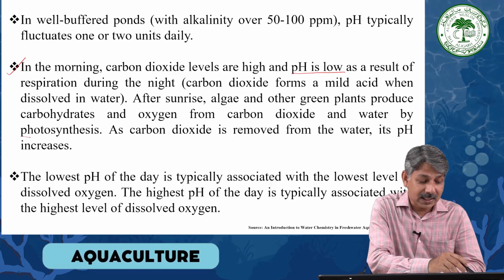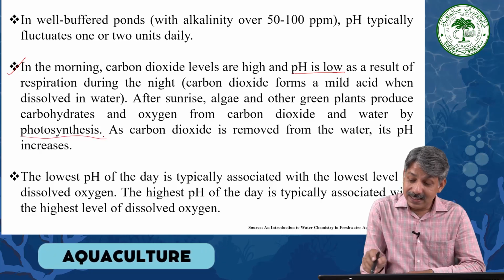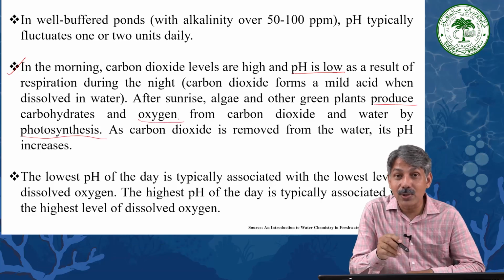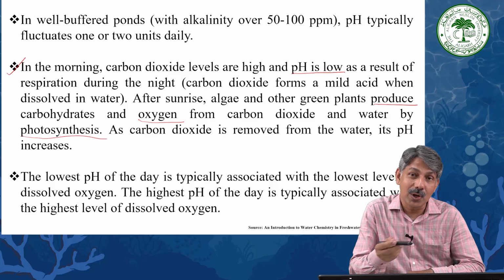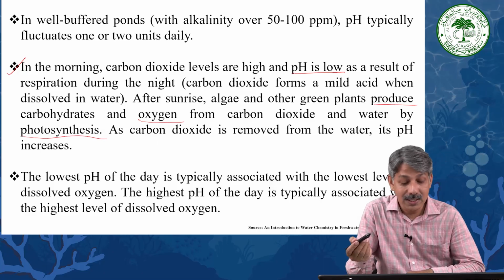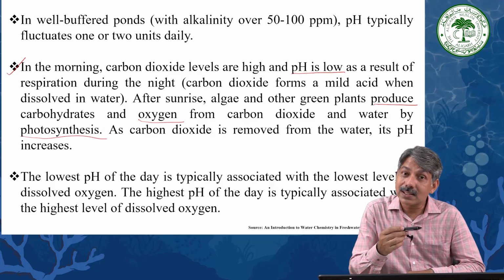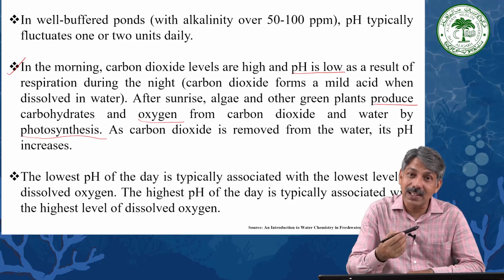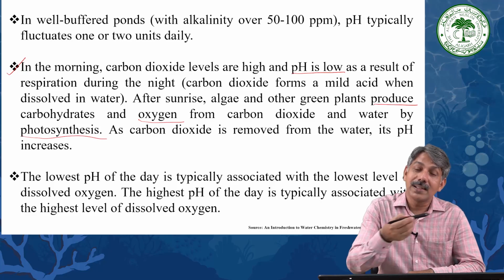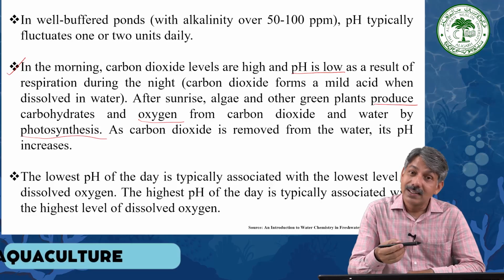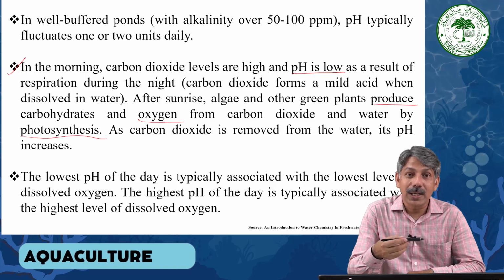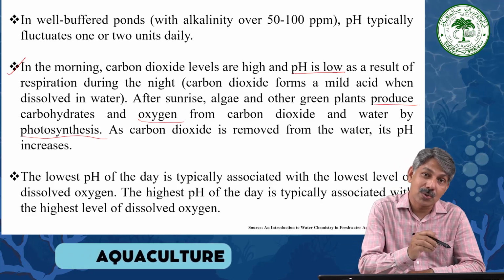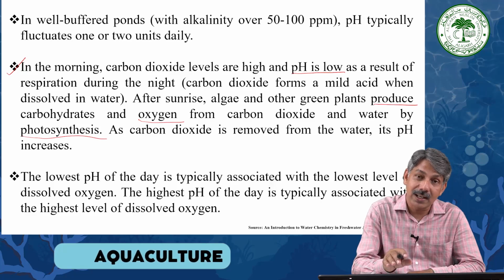After sunrise, what happens? Photosynthesis occurs, and that produces oxygen from carbon dioxide, utilizing carbon dioxide. In photosynthesis, we all know carbon dioxide is utilized and oxygen is produced. So the carbon dioxide, which was causing the lowering of pH, is utilized as the sun comes by the process of photosynthesis, and that lowered pH acidic condition becomes better when photosynthesis starts, because carbon dioxide is being utilized, so there is a lesser acidic condition in the aquatic system.